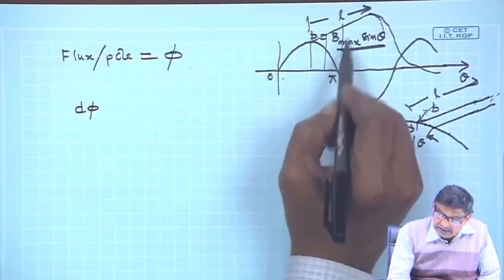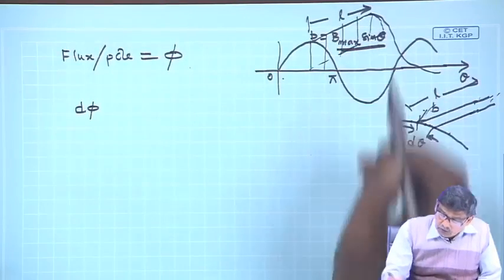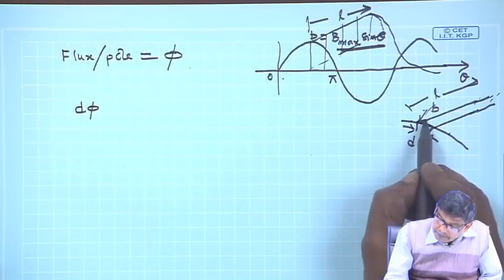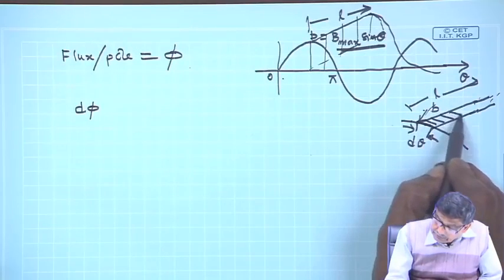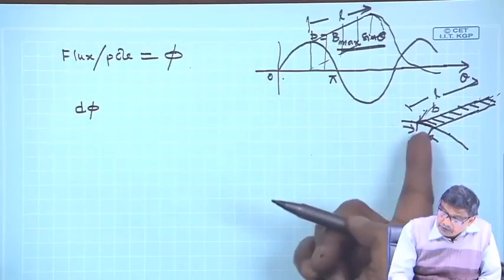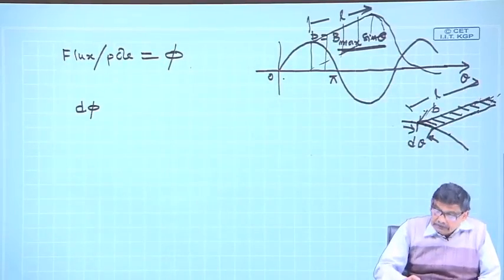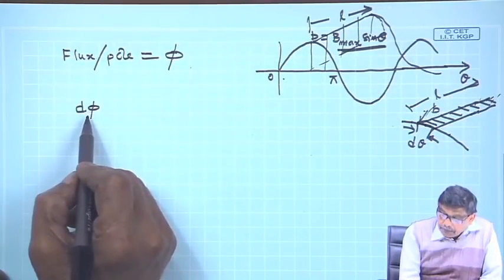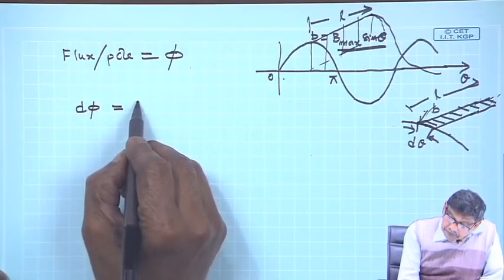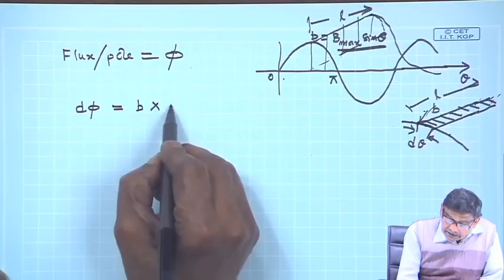So you take a small strip here, calculate this area and multiply with the instantaneous value of B at that position to get d phi. So d phi will be small b into the elemental area.